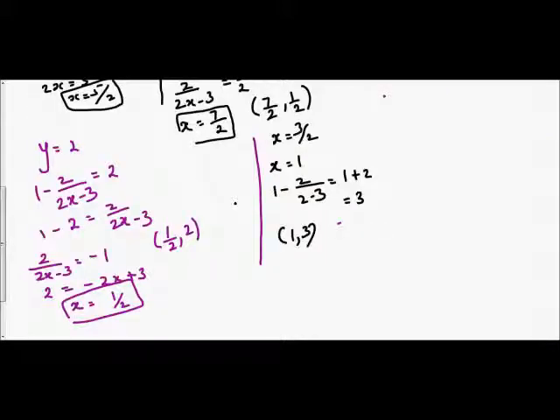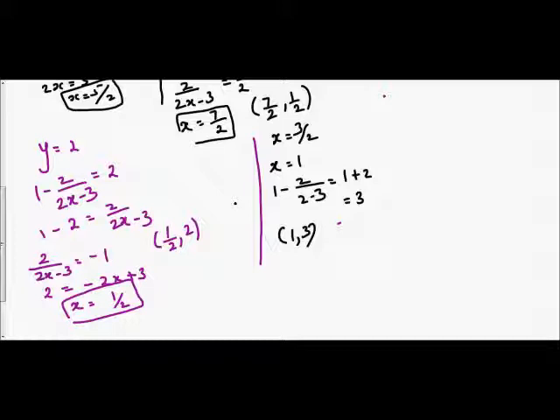So what happens to the vertical asymptote? So we know that the vertical asymptote is x is equal to 3 over 2. So a point before 3 over 2 could be x is equal to 1, and if you consider x is equal to 1, the equation is 1 minus 2 over 2 minus 3 equal to 1 plus 2, and the value of y is 3. Therefore the point is x is equal to 1, comma 3.